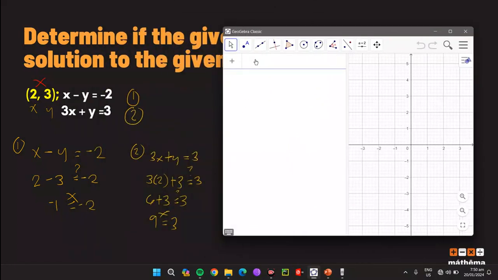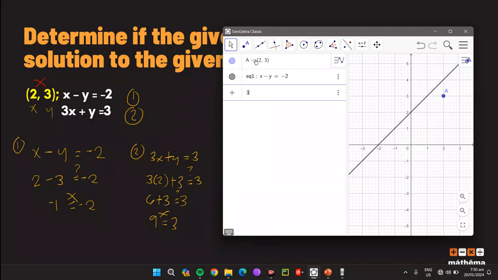Let's have the point 2, negative 3, and then the equations were x minus y equals negative 2, and then 3x plus y equals 3.